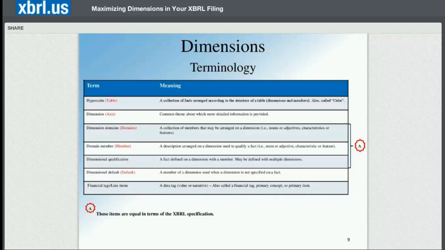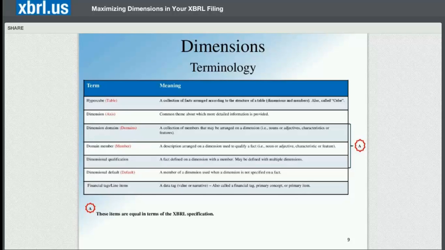A hypercube is a collection of facts arranged according to the structure of a table in XBRL. Okay, and it's done under the Dimension Spec 1.0, which is a global standard, and it's an addendum to the XBRL Global Specification, which is XBRL Global Specification 2.1.